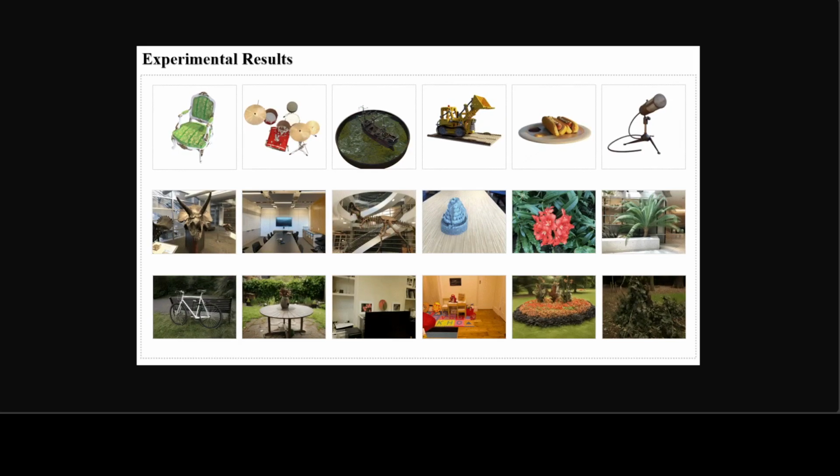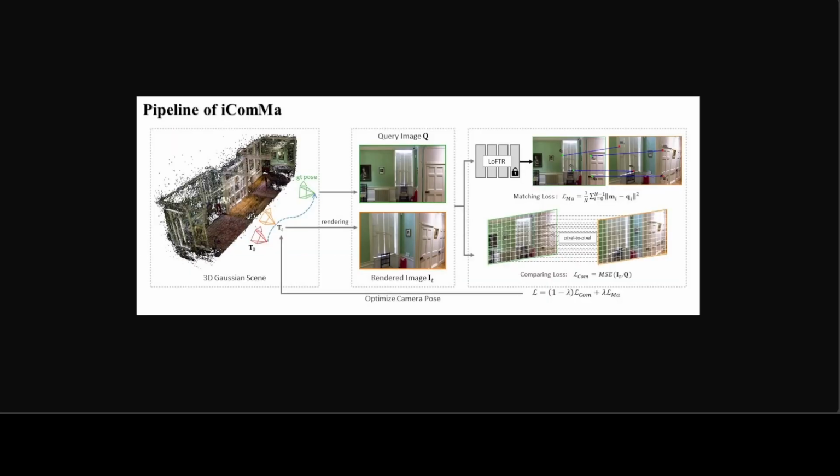For iComMa, during the initial stages of pose estimation, they also visualize the top 20 key points matching with the highest confidence detected by LoFTR. So key points in this query image are depicted in green, as you can see here, and the other ones are only blue. But really amazing sort of results here in this pipeline.